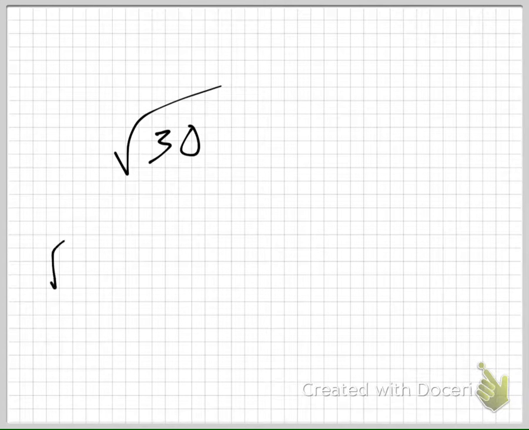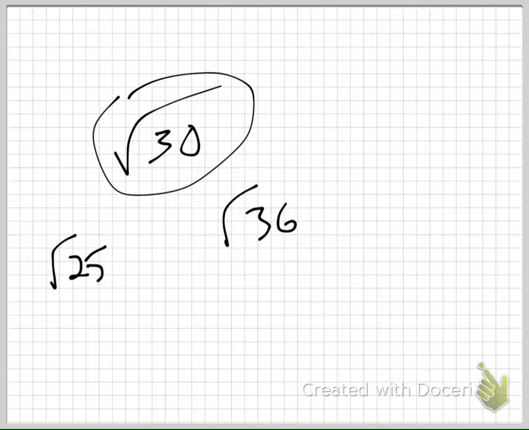Because the square root of 25 is 5, and the square root of 36 is 6. So the square root of 30 is somewhere in between them. Without any calculator, you should be able to very quickly determine roughly the estimate. Does that make sense?